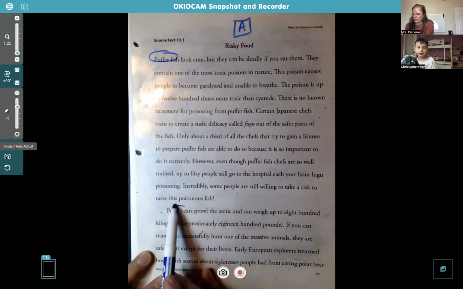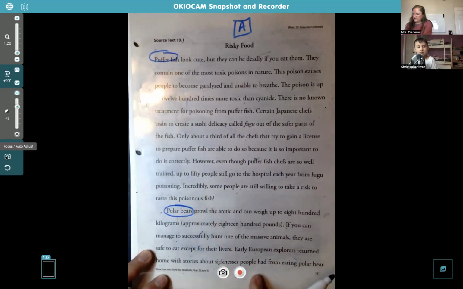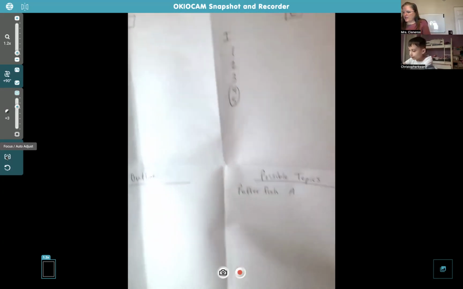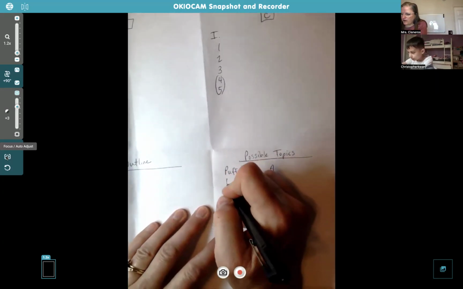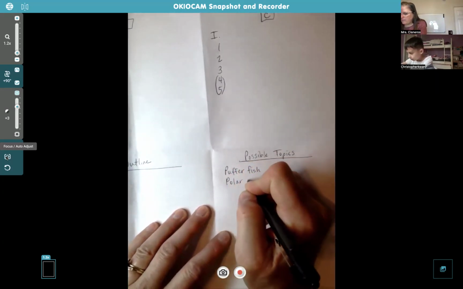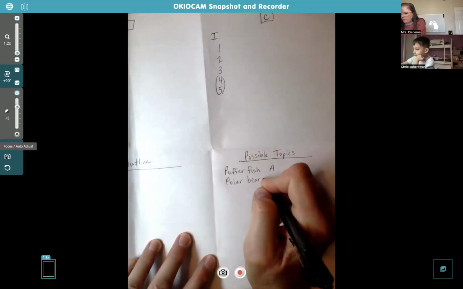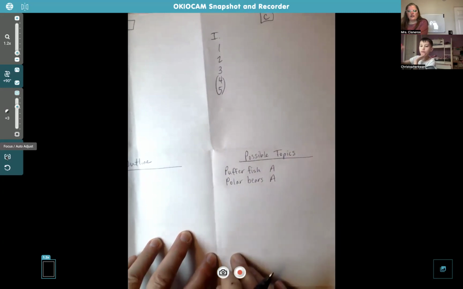So this one's about polar bears. Circle polar bears. That's pretty easy. So we're going to be able to tell what these paragraphs are about by the very first sentence. Polar bears. And this is also in A.